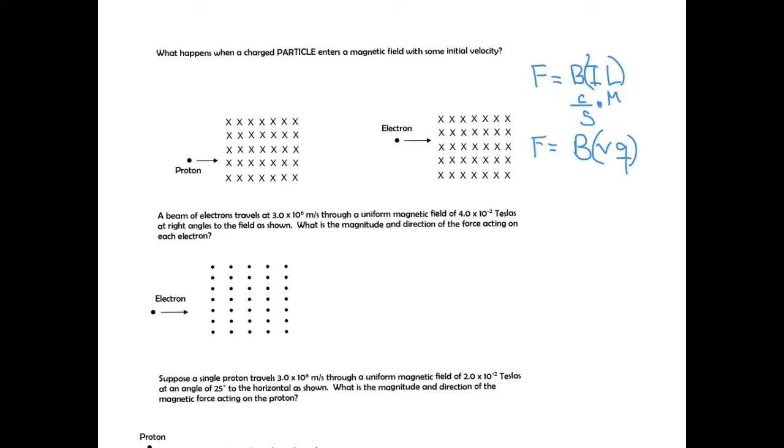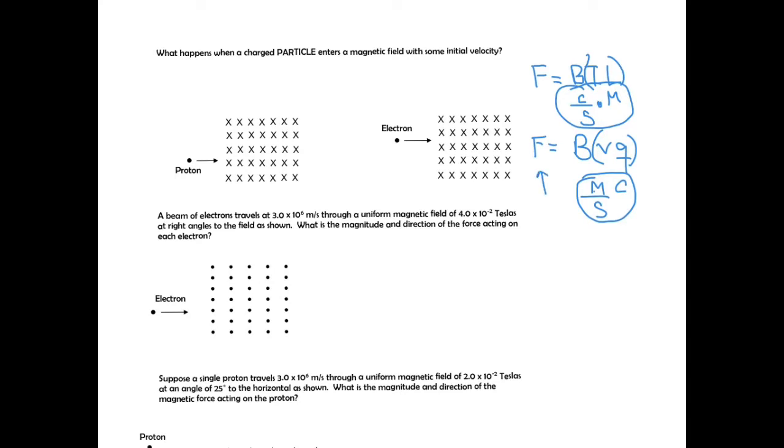Well, in the BVQ formula, V is in meters per second, and Q, which is for charge, is coulombs. So the coulomb meters per second is the same as a meter per second coulomb. So the units are the same, and we get, in both cases, a force.